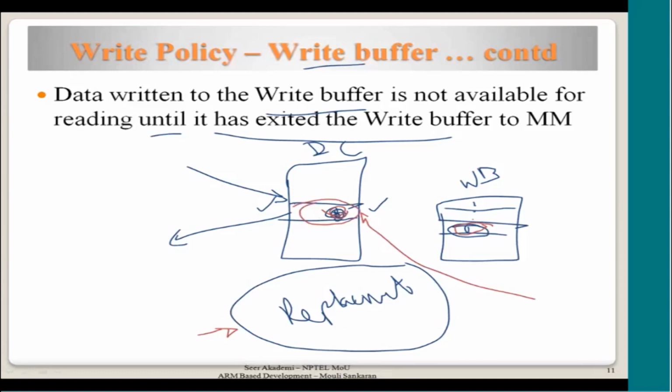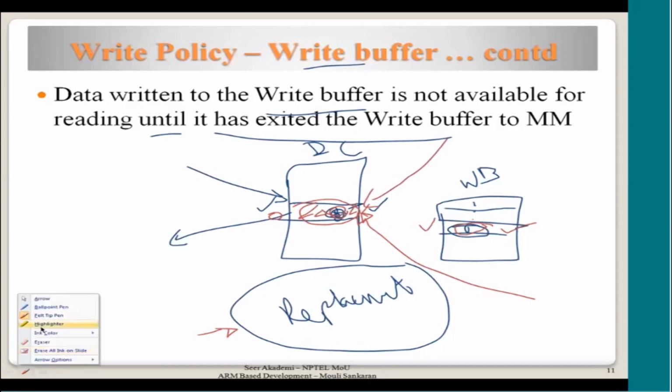But this earlier address could be here, because you remember the write policy is used for replacement also. So it is written into the buffer. You don't have to worry about the dirty bit or anything. We can overwrite this and bring new data into this.